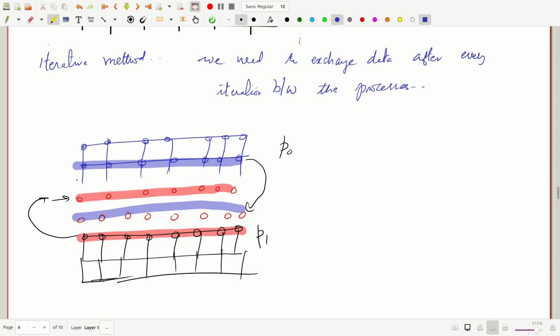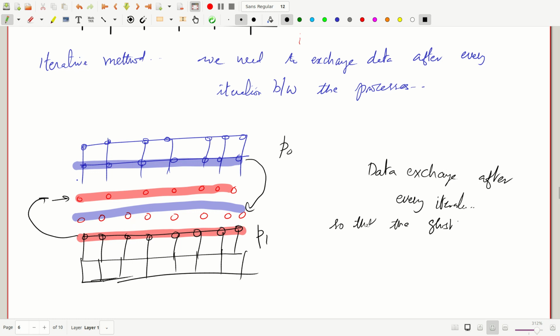So that is how we need data exchange after every iteration, so that the ghost values are updated.